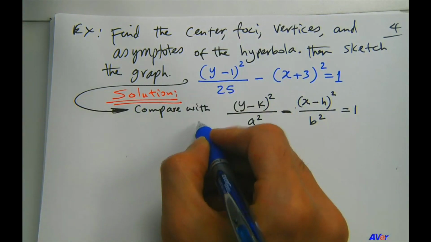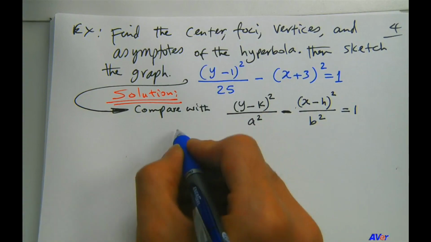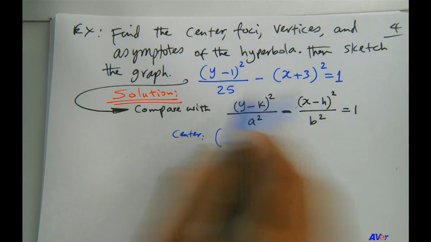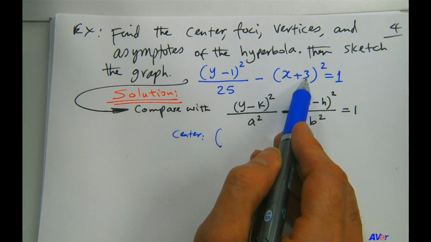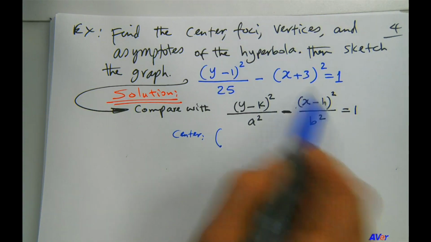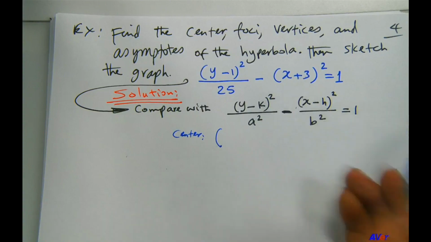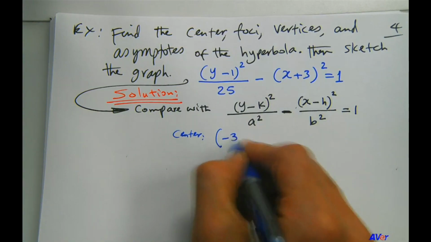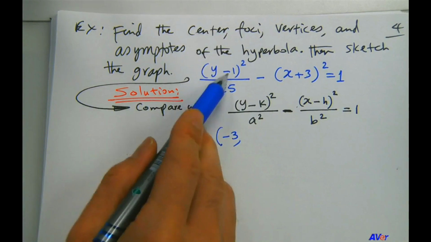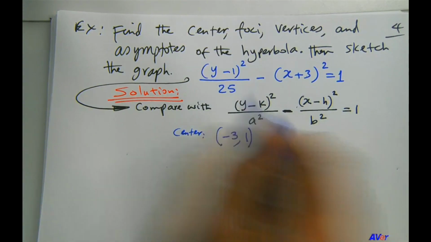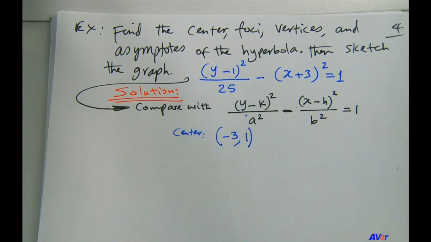So let's compare it with the one I have. The center should be at, h must have been negative 3, right? Because minus h ended up being plus 3. So h must have been minus 3. So the center is at negative 3, and k must have been 1, because minus k ended up being minus 1.